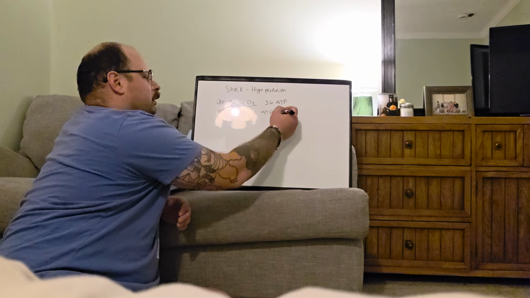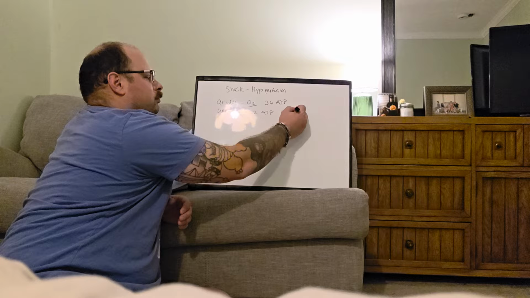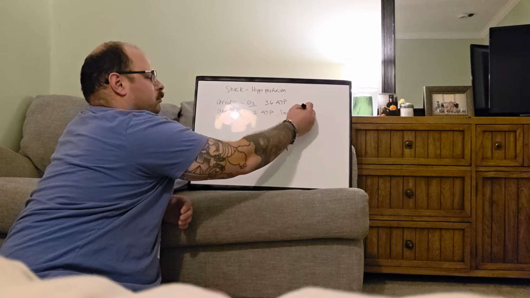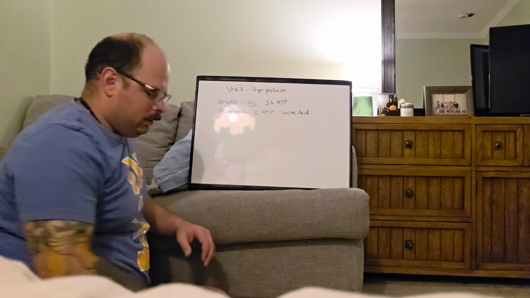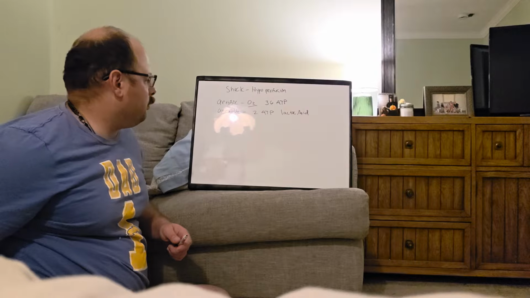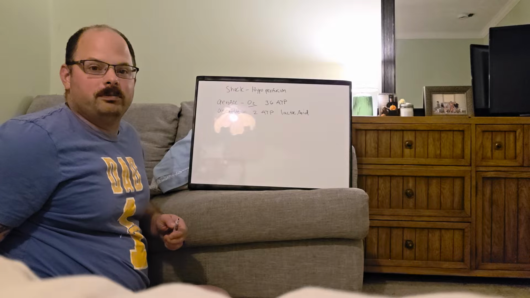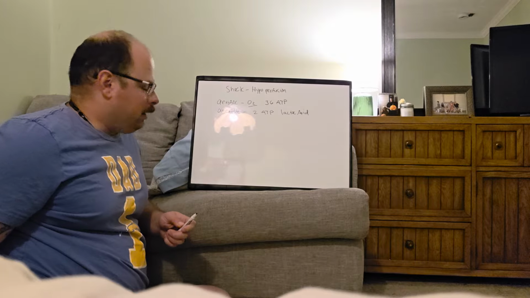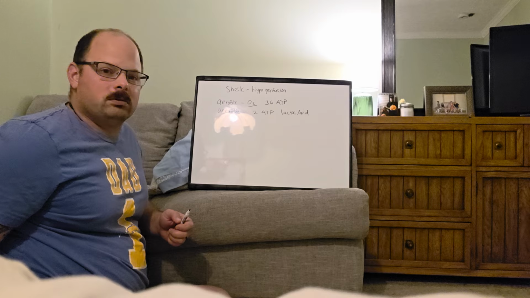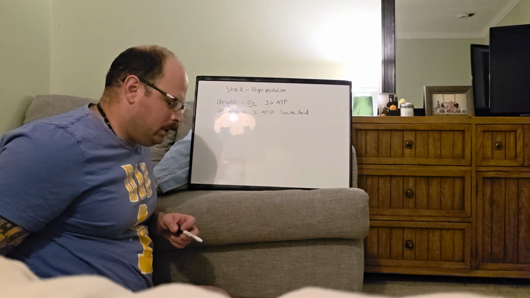On top of that, you end up with the byproduct of lactic acid. So that lactic acid obviously causes an acidic environment in your blood, and that causes a whole other set of problems that we'll talk about in a little bit.